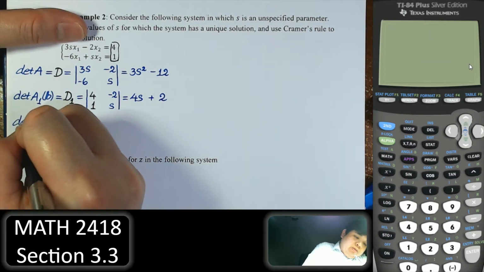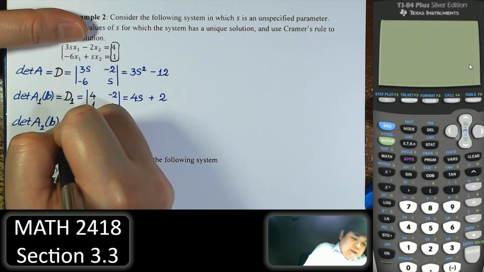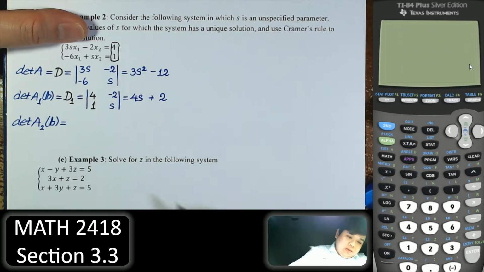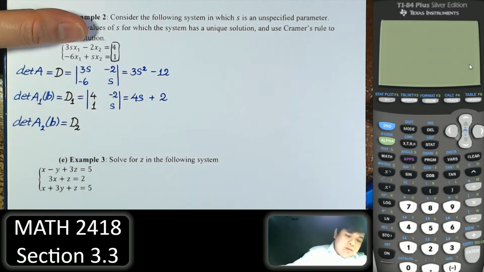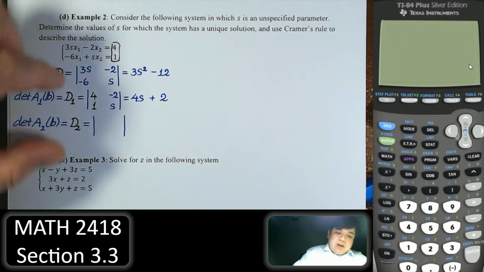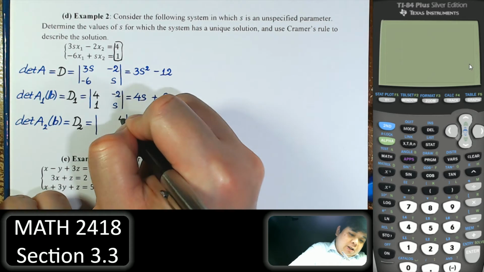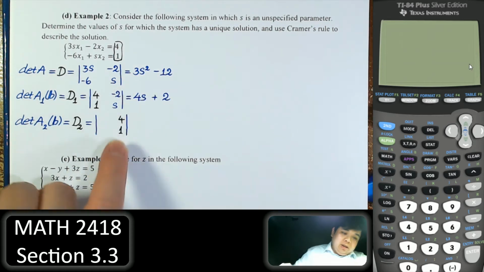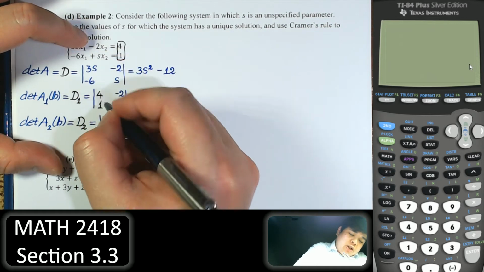Next, we find determinant d2, that for the substitute we replace 4 and 1 into the coefficient of s2.